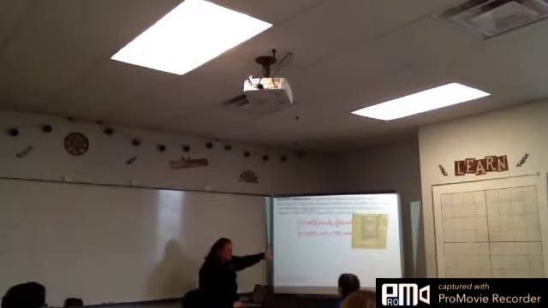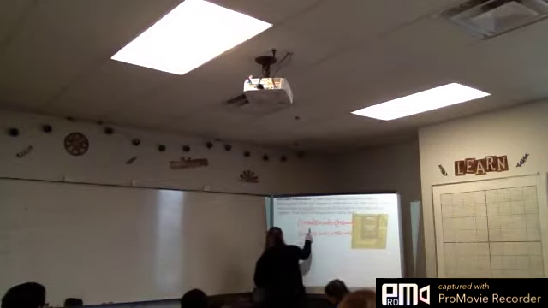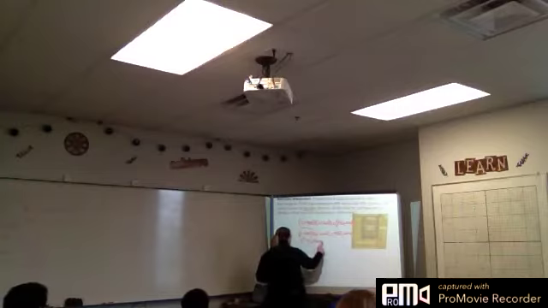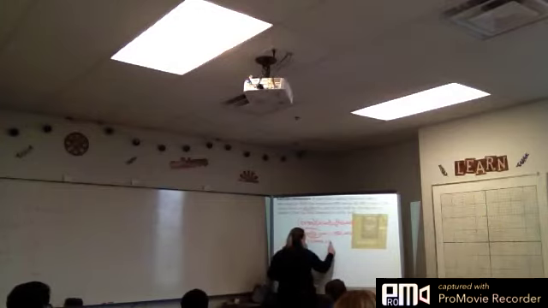FOIL, subtract, refactor. X times X is X squared, and then I'm gonna get plus 400X and plus 600X, which will give me 1,000X, yes? And then I'm going to get, what's 400 times 600 again? 240,000, right?